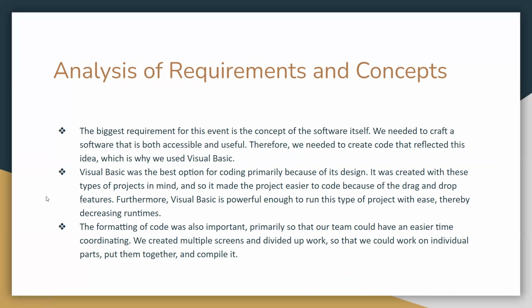It was created with these types of projects in mind, and so it made the project easier to code because of the drag and drop feature. Furthermore, Visual Basic is powerful enough to run this type of project with ease, thereby decreasing run times. The formatting of this code was important, primarily so that our team could have an easier time coordinating it. We created multiple screens and divided up the work so that we could work on individual parts, put them together, and compile it.